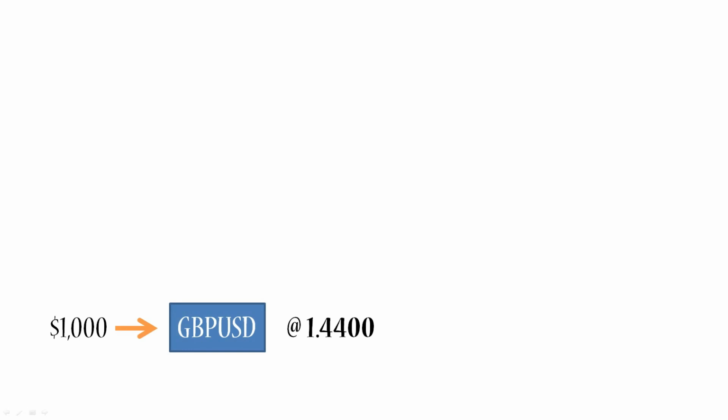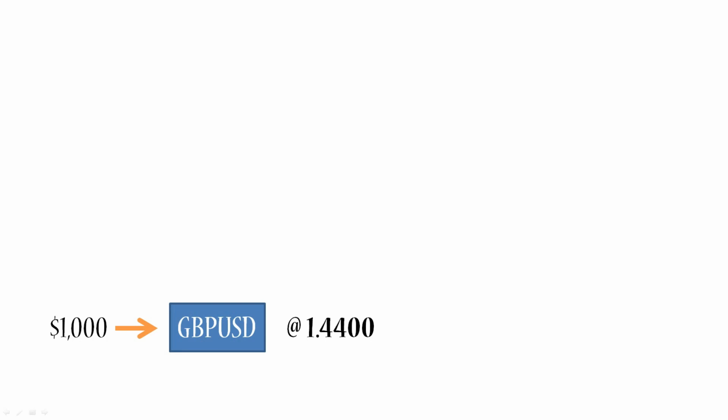So let's assume that the bullish trader had $1,000 to invest, which he put into the British pound at a quoted price of 1.4400. Now, as we did previously, let's simplify this example by replacing the British pound with apples, because apples are also tangible.